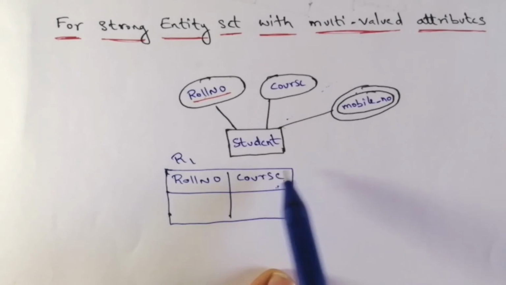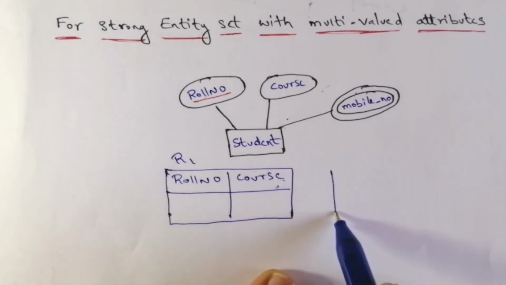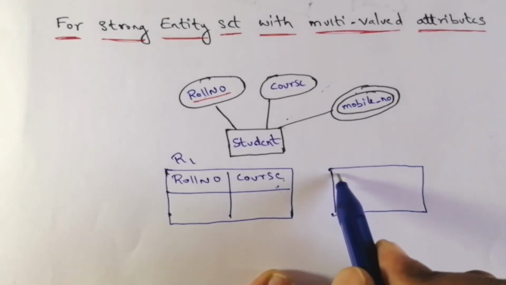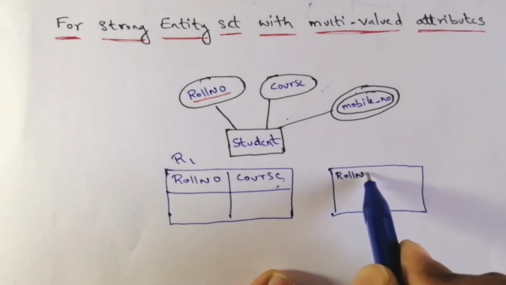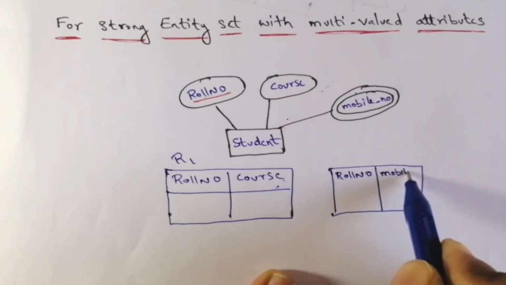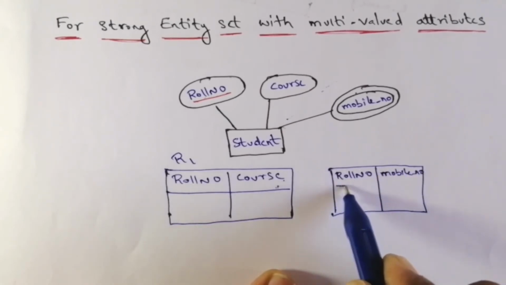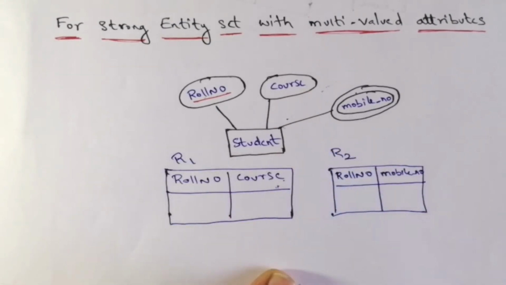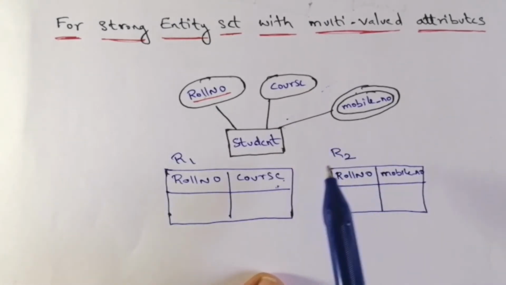Now in another relation we are going to have the primary key, roll number, and the other attribute, mobile number. It is going to be the relation R2, right? I think you have understood.